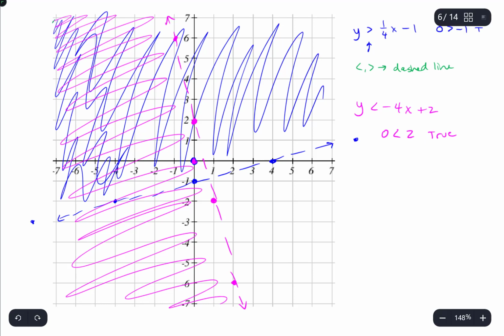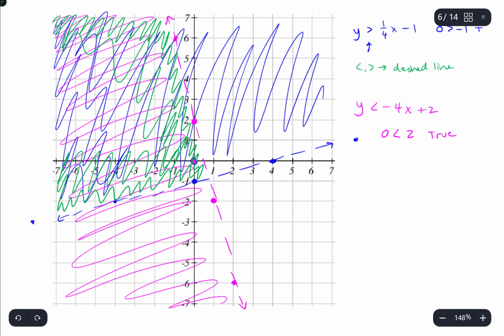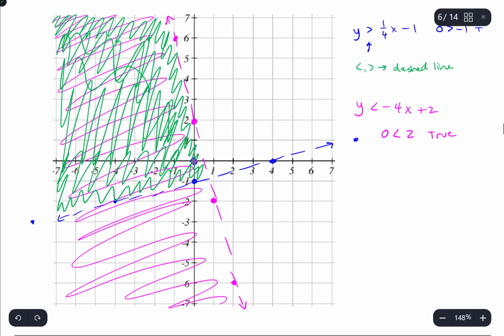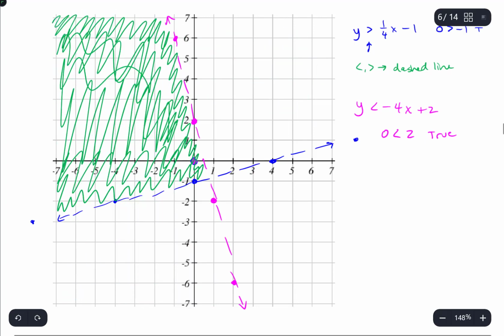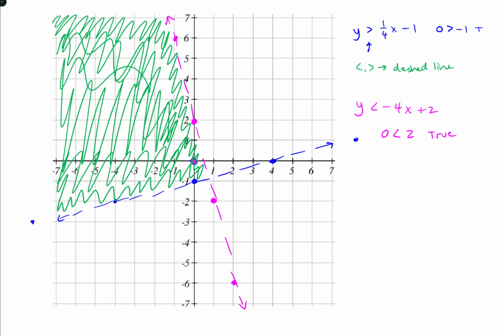The solution region is the region where all of these shaded regions overlap one another. That would be this region here that I'm now shading in green. If I erase these others, that'll make a little more sense. So that's the solution to the system.